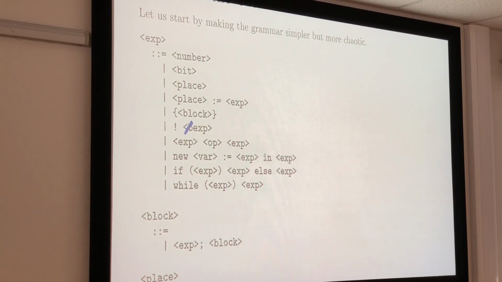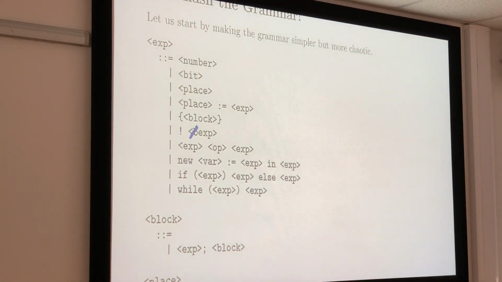If a block finishes with a Boolean expression, we'll get a Boolean. If a block finishes with a command, we'll just get void. And if a block is empty, we'll just get void. So the type of a block is going to be void if it's empty, or the type of the last thing in the block if it's not empty.